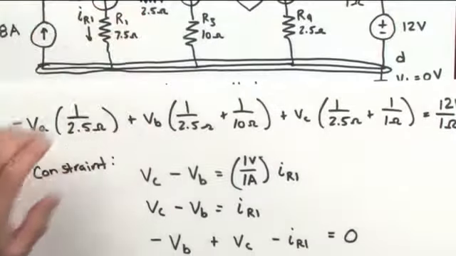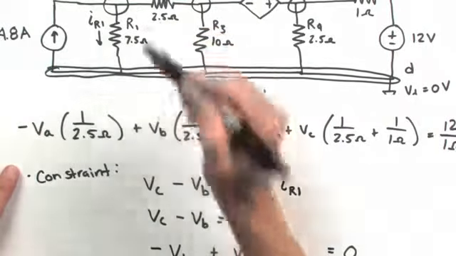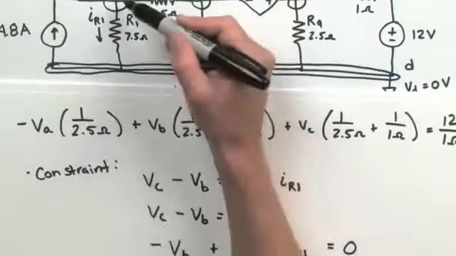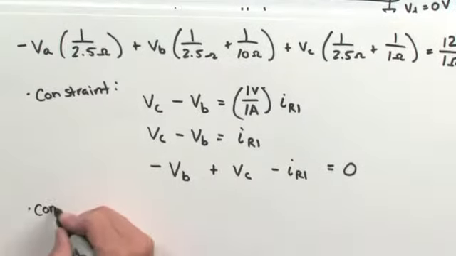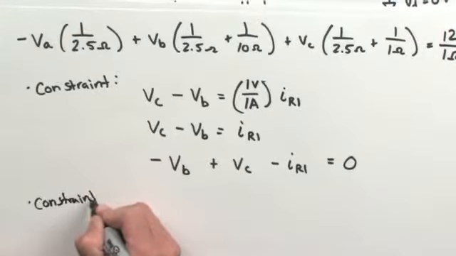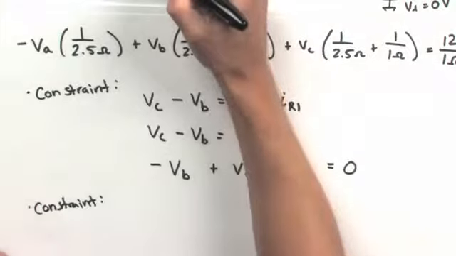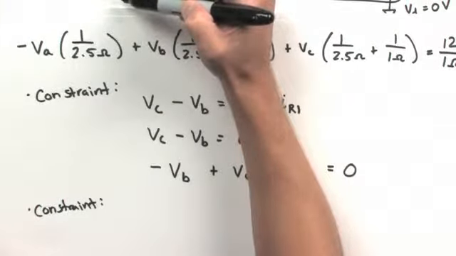All right. This final constraint equation needs to relate the current through resistor 1 to the unknown node voltage. This is a pretty simple task. We know that the voltage at node A is VA, and if we know that voltage, we can also calculate the current through resistor 1 using Ohm's law.